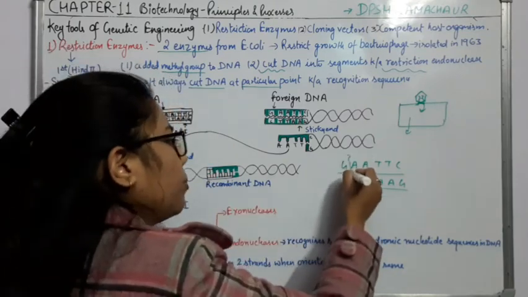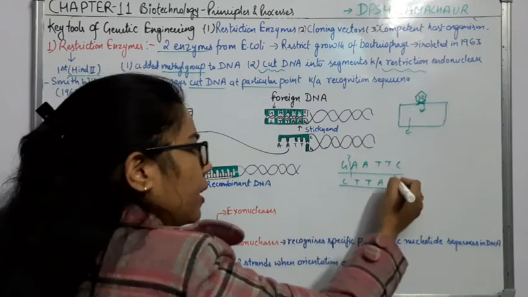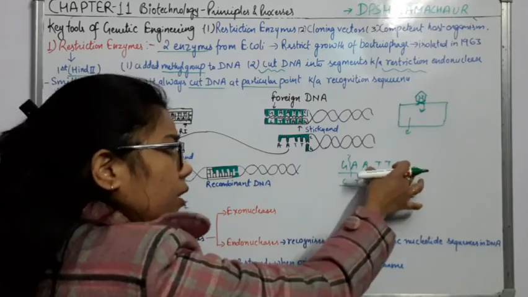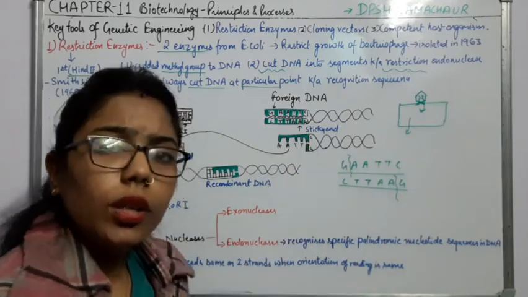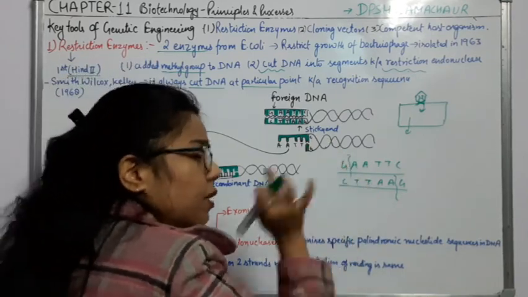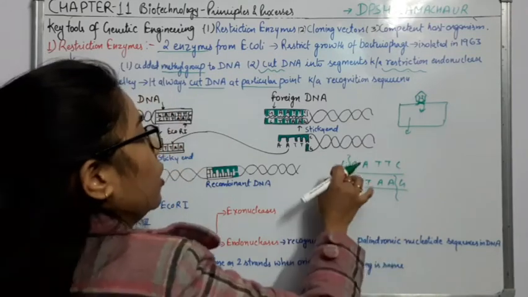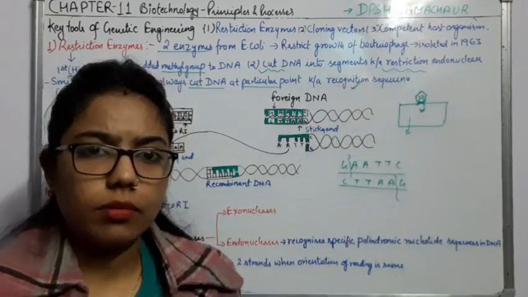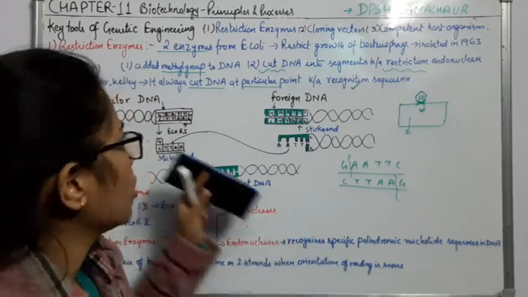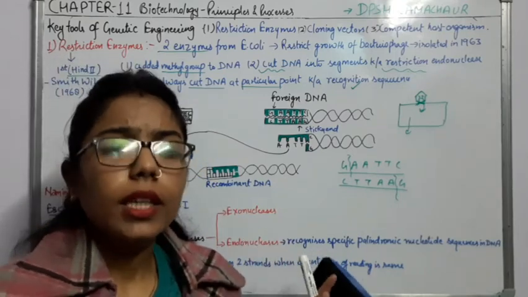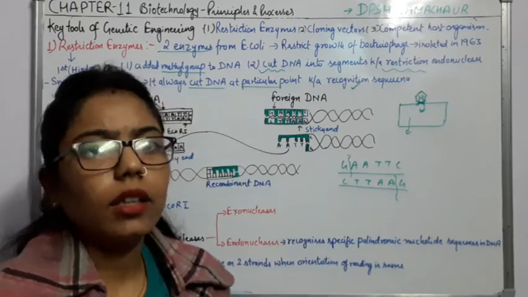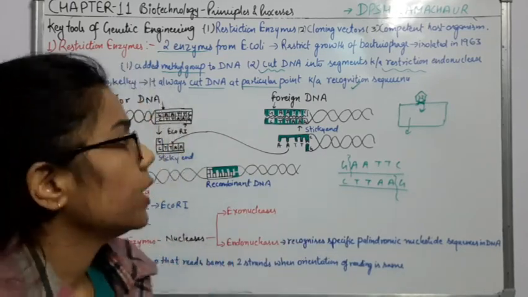Hind2 will always cut between the bond of G and A. It does not cut the bond between any other sequences. This specific site is known as the recognition sequence, so it always recognizes specific sites. We can say restriction enzymes have a specific recognition site at which they cut the DNA strand.